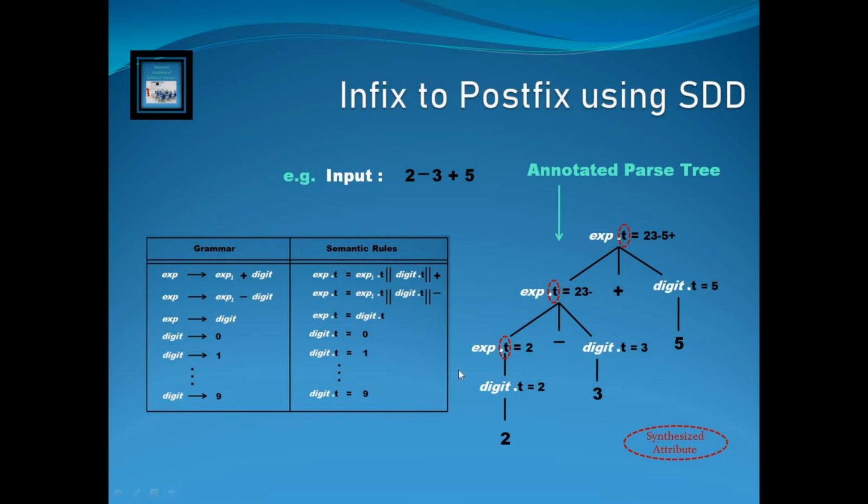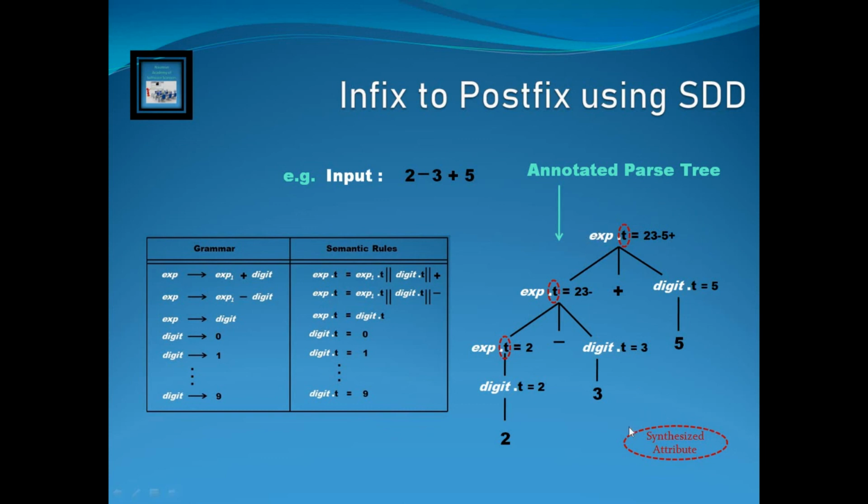This is not a simple parse tree, because in a simple parse tree there are no attributes, and their values are not shown. In an annotated parse tree, the attributes of grammar symbols are also shown along with their values, and the value of the root node is our required output.